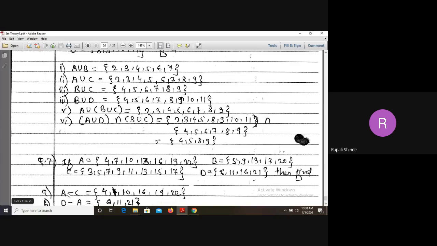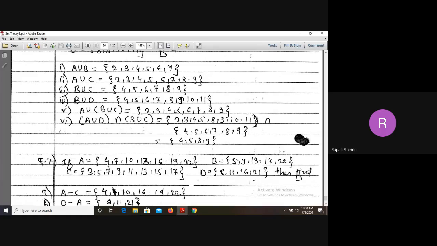So can anybody tell how we can find out what are the different elements those are included in A minus C? So meaning of this A minus C is the elements those are present in set A but not in set C. That is A minus C.